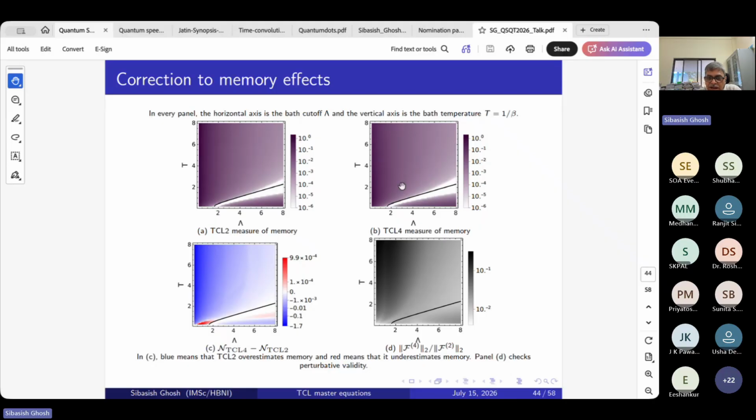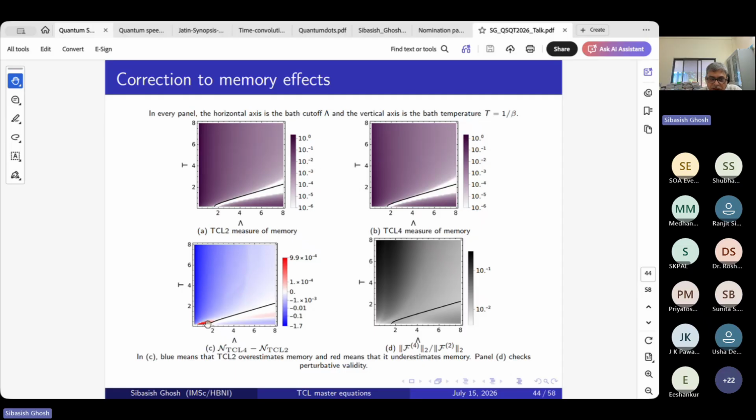Again, this figure is the measure of memory for TCL4. You see that TCL2 kind of overestimates. If you look at the bottom left figure, we have taken the non-Markovianity measure N_TCL4 minus N_TCL2. In the deep blue region this is negative, so TCL2 is more non-Markovian than TCL4.